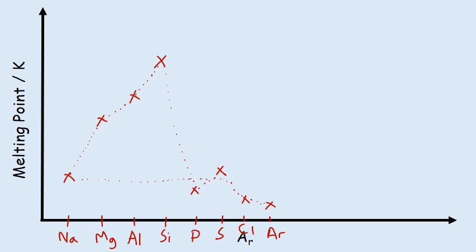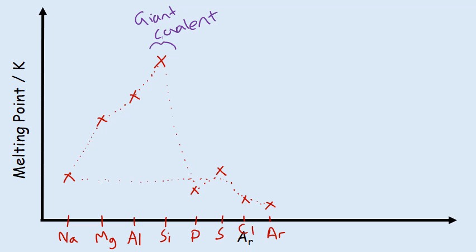So now let's look at the structure and bonding. The bonding in silicon, this one here, is giant covalent. You've seen that in your topic on bonding. Giant covalent means there are many strong covalent bonds holding silicon together, which requires lots of energy to break.